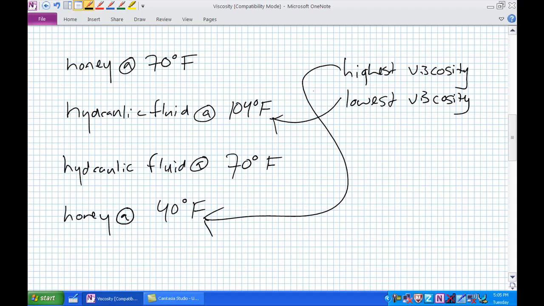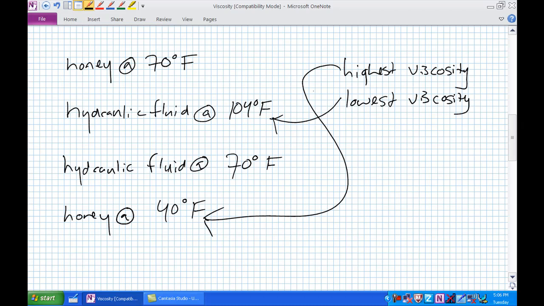It's hydraulic fluid. It's made to flow, and it's warmer. Okay. Typically, there is a positive correlation. Excuse me, a negative correlation. Basically, as you heat up a substance, it's going to get thinner. There are some phase change substances that will get harder to flow as you increase it.